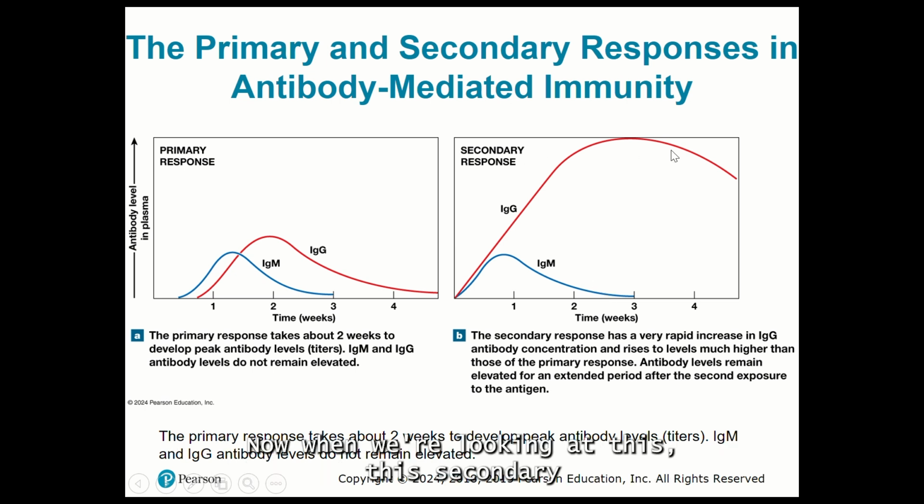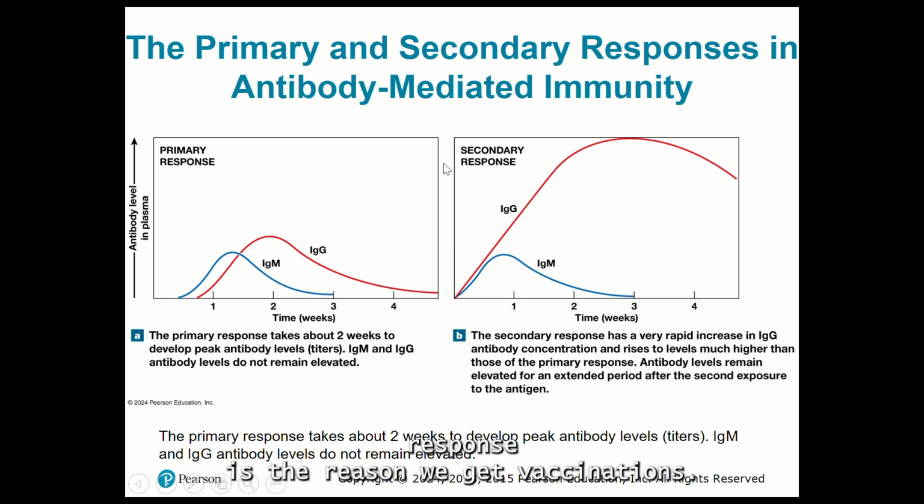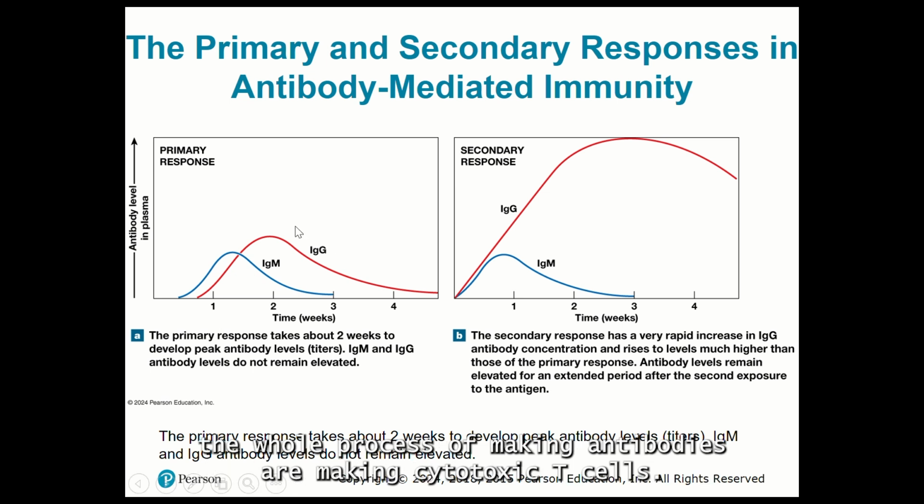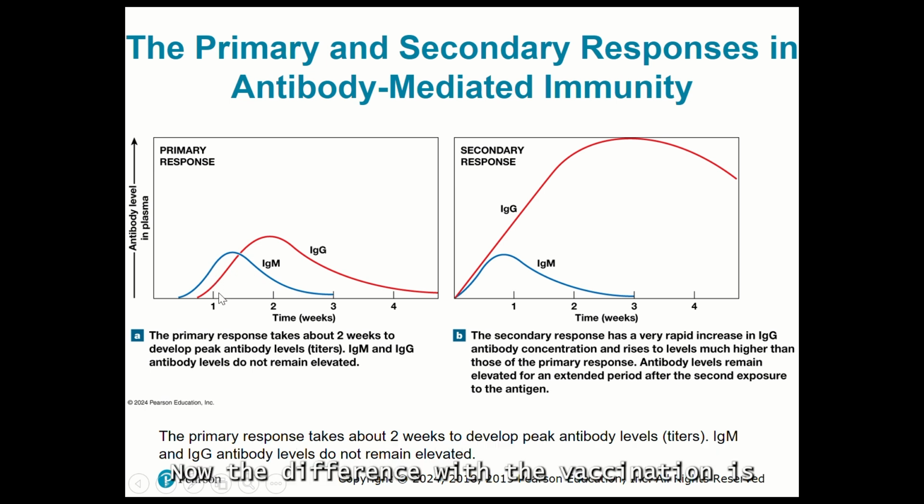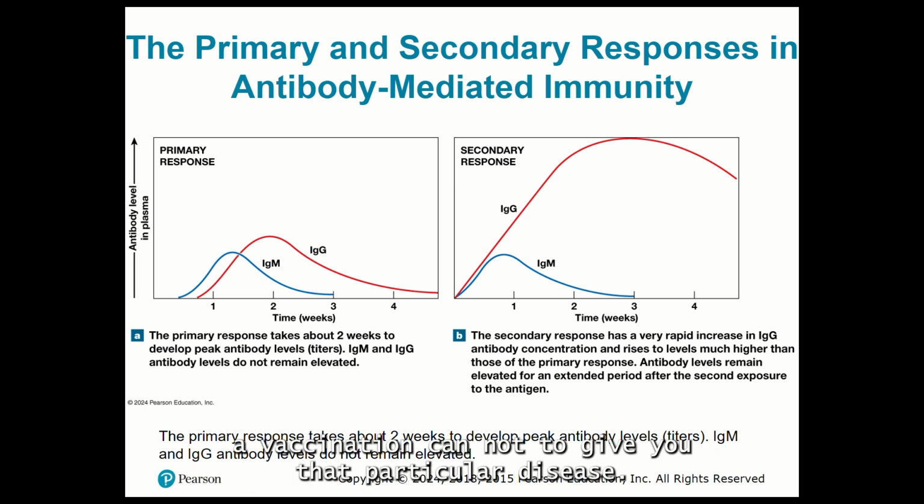Now, this secondary response is the reason we get vaccinations, because vaccinations stimulate your primary response. Your body finds that antigen in the vaccination, and it goes through the whole process of making antibodies and making cytotoxic T cells. The difference with the vaccination is that a vaccination cannot give you that particular disease.